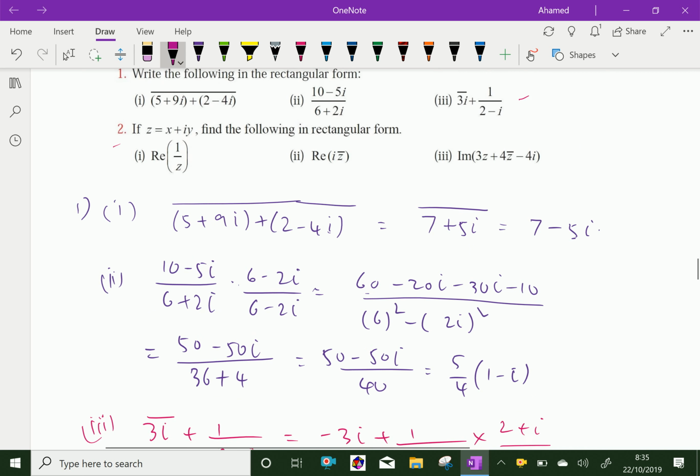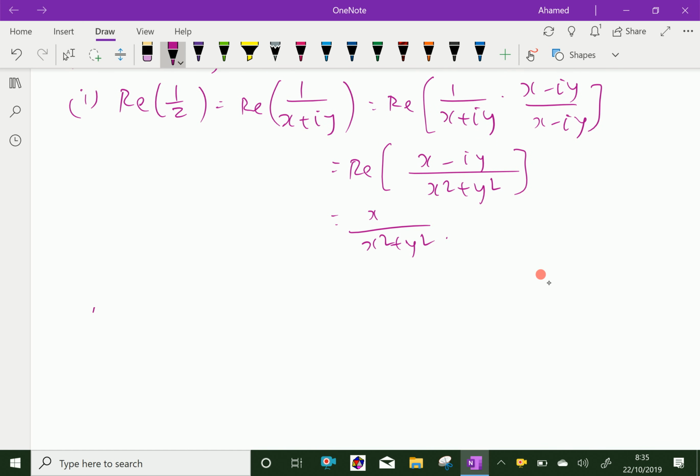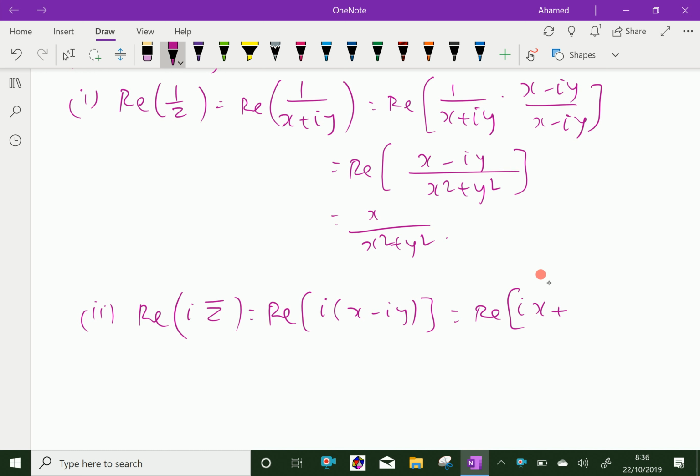Then second question, real part of i into z bar, real part of i conjugate of z, which is equal to real part of i into, z is x plus iy, the conjugate is x minus iy, which is equal to real part of i into x is ix, i into minus i is i squared, but minus, so it is plus y.